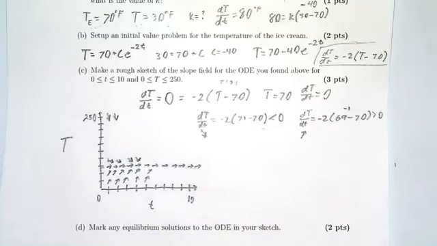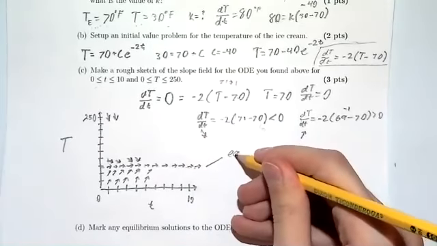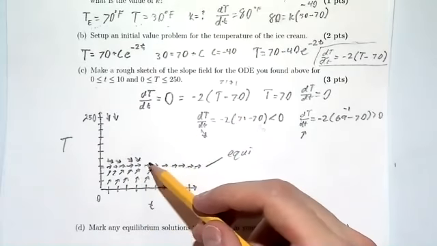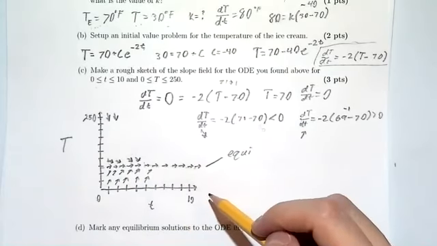Like what you would do? Oh yeah, and mark any equilibrium solutions. So this would be our equilibrium. And this would be stable too, because both from above or below it converges down to here.